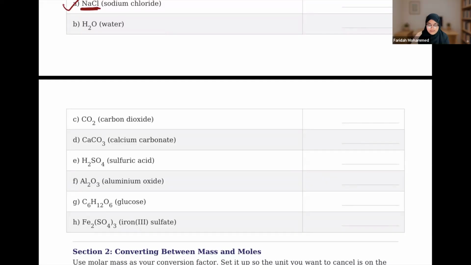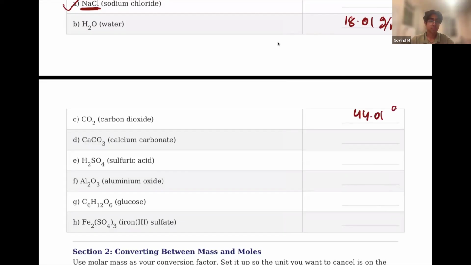Okay, so some of you already are done. Let's start. Water. Diksha. Water: 18.02 grams per mole. Okay. Govind. Carbon dioxide: 44.01 grams per mole.